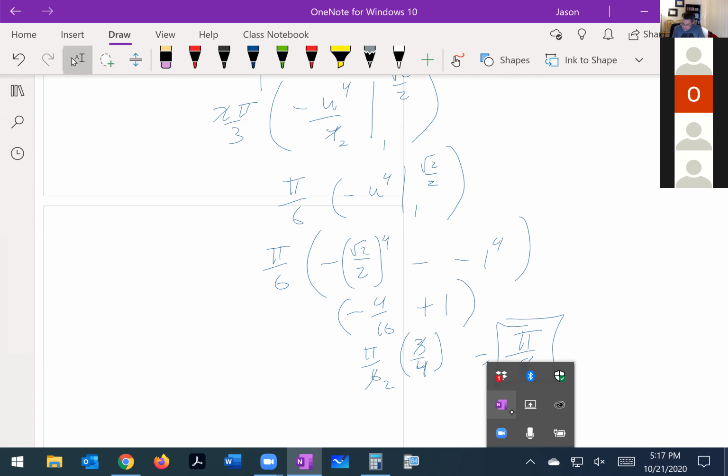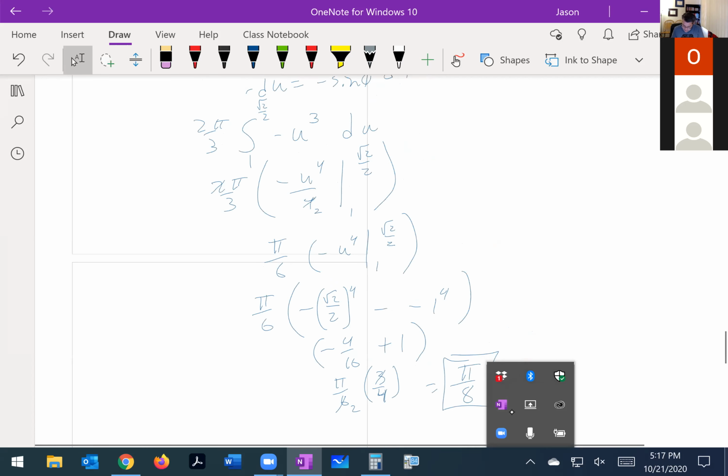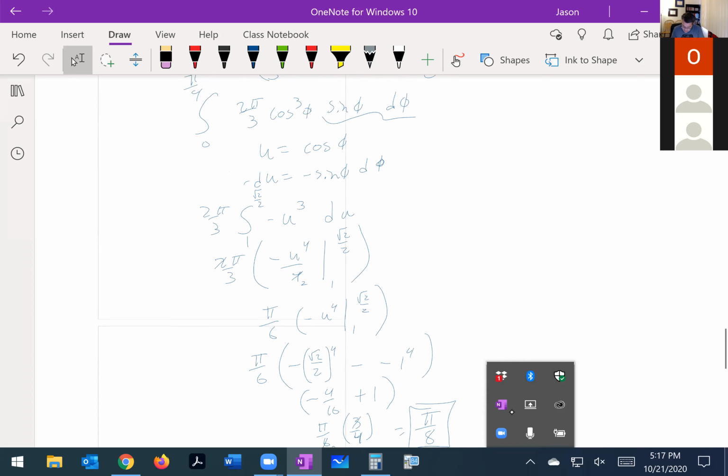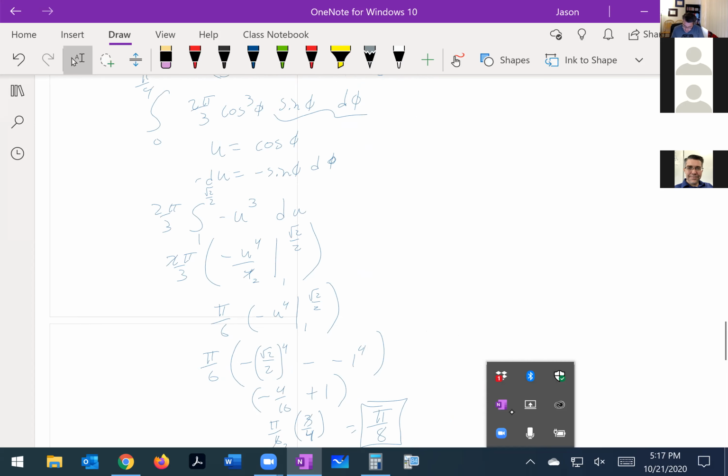I have a quick question about the last problem. Instead of doing the u sub, I was wondering if you could integrate by just doing negative, like if you take the 2 pi out and then you do negative 1 over 12 times cosine to the 4th, and then the pi, and then you do that from 0 to pi. Would that work?